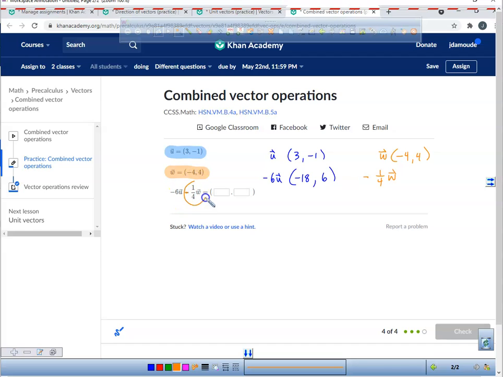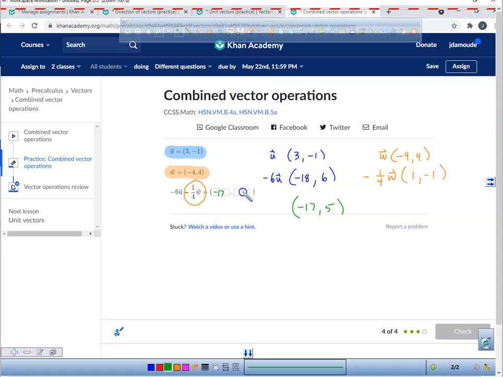So I'm going to find -1/4 vector w and just then add everything together. A negative times a negative is a positive, so that's a 1. A negative times a positive keeps it negative, so that's -1. So now I'm just going to add those together. So my final answer, when I add them together, is going to be -17, and 6 minus 1 is 5.